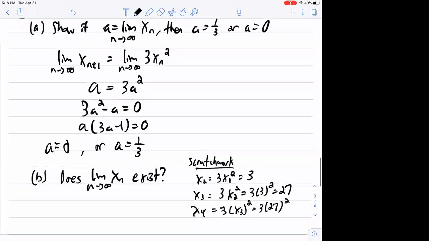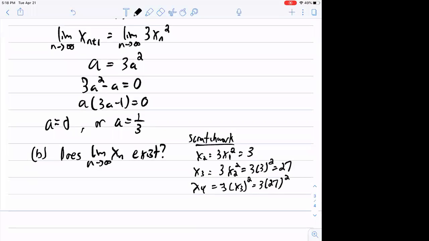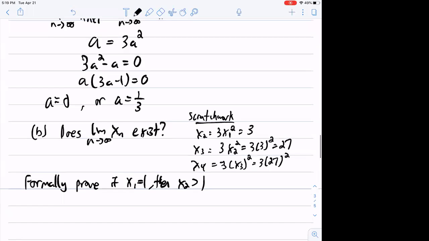So if you want to do this formally, let me just write this. I'll let you all do this because it's like the first day of class problem. You do induction, right? Formally prove, if x1 is 1, so this is like the base case, x2 is bigger than 1.